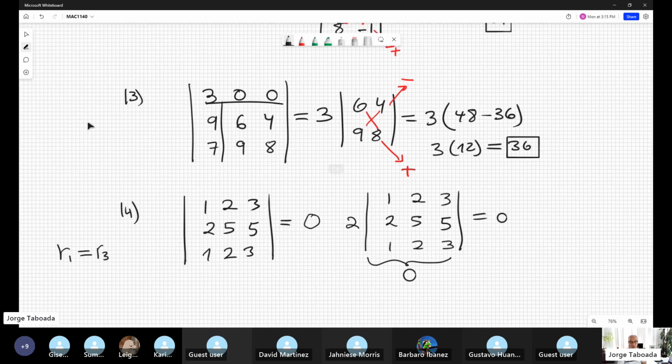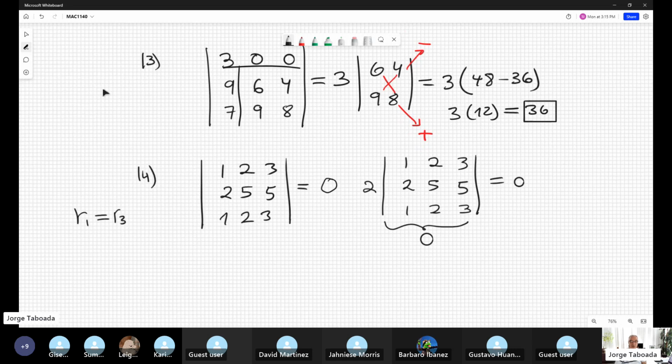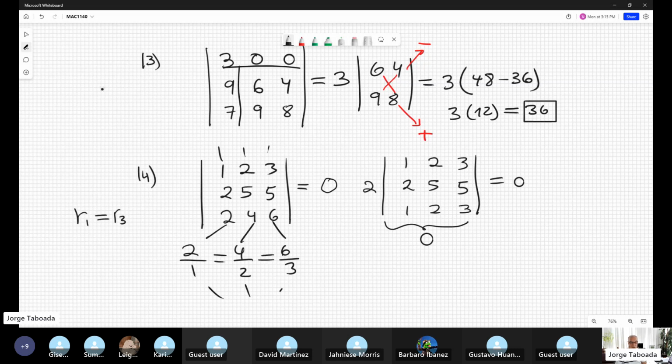Proportional means there is a common factor. Suppose 2, 4, 6. If you divide 2 by 1, 4 by 2, 6 by 3, the answer is the same, 2. They are proportional.